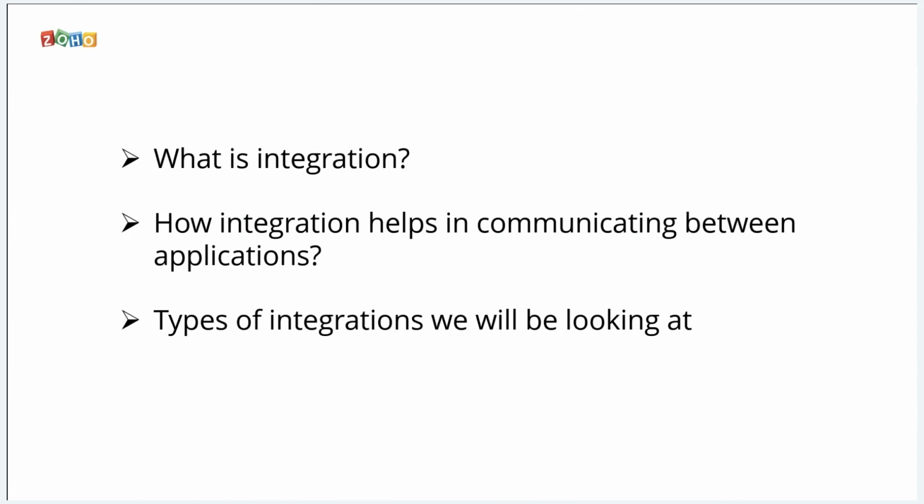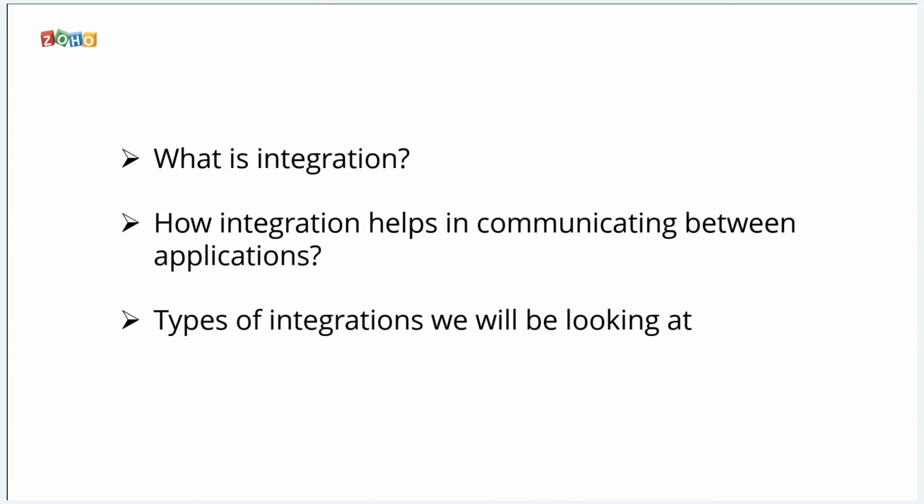So how integration helps in communicating applications is very important. Wherein, for example, let us say I know French and you know Spanish, but we both talk in English, right? So that is the common language or the common link between us, so that we are able to communicate.